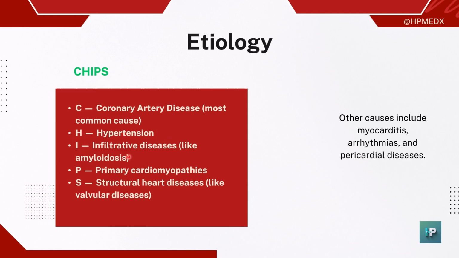And then infiltrative diseases like amyloidosis, and P for primary cardiomyopathies. I will try to discuss cardiomyopathies in a separate video. And then S for structural heart diseases like valvular heart diseases that may lead to heart failure. And these are the other causes such as myocarditis, arrhythmias, and pericardial diseases.